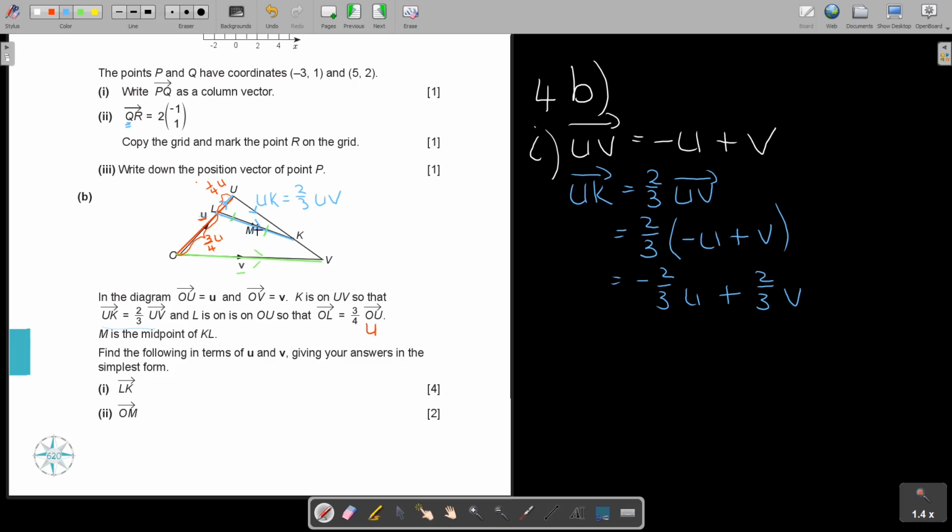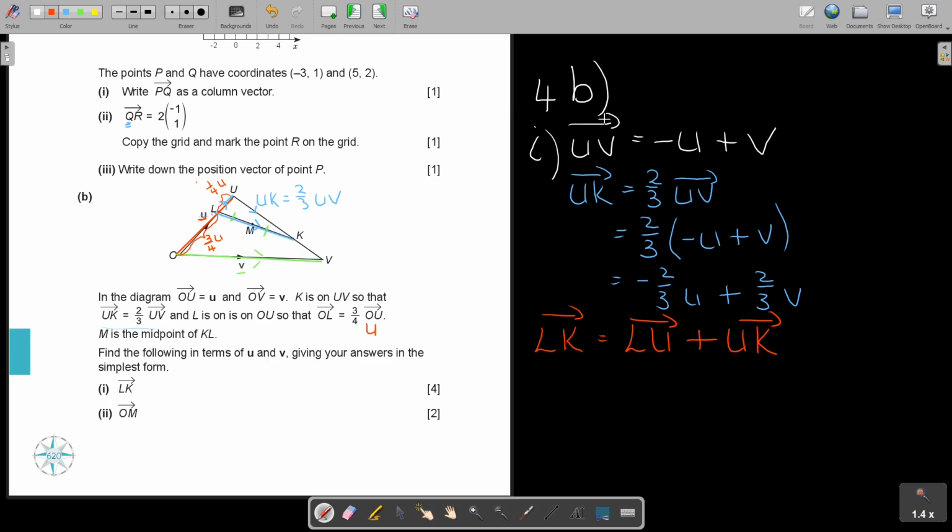But if I want LK, the one they look for. So LK, will I make it red? I think so. LK. Start where I start, end where I end. Find another road. So it's LU, and I like first writing down the path, the road. So plus, it's always plus UK.